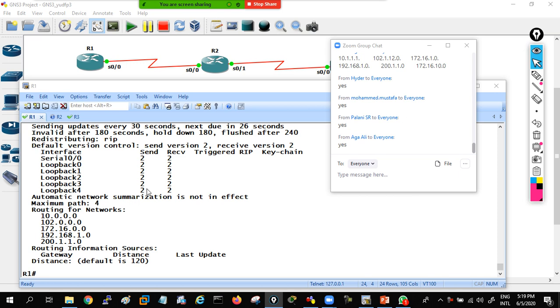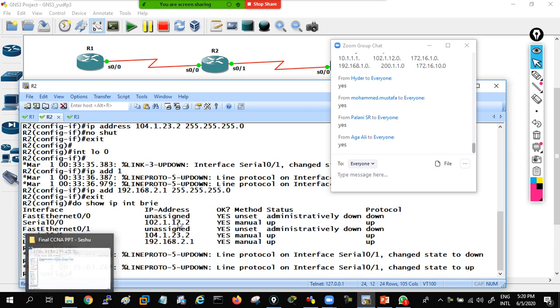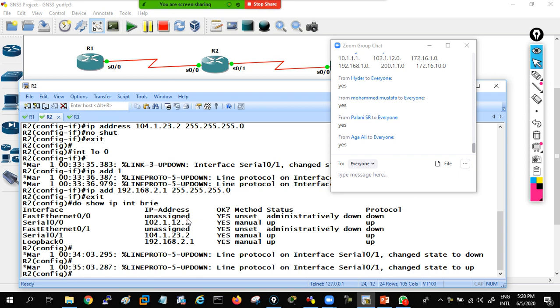Now let's go to router 2 and advertise router 2 networks. Can you explain to me what these are? Quickly, can somebody type for me? Router RIP and all. How are you going to advertise your networks in RIP?